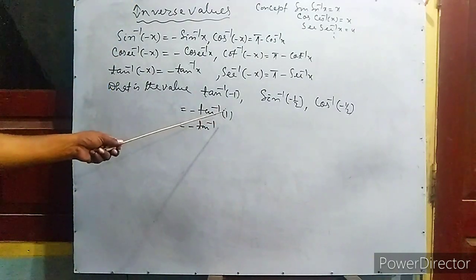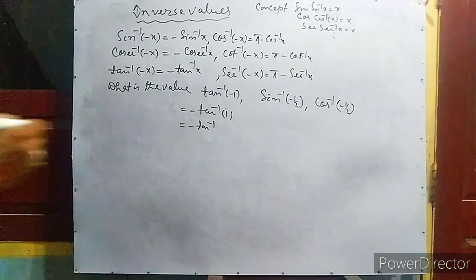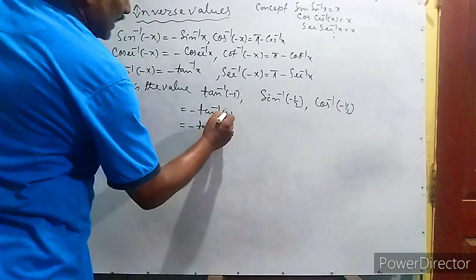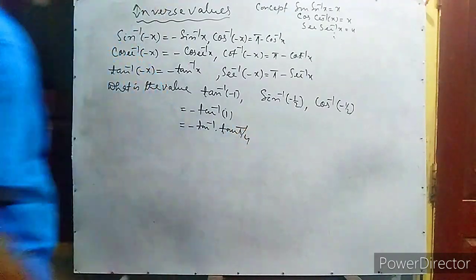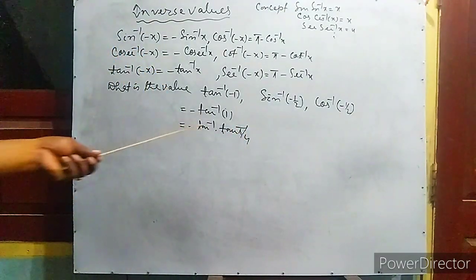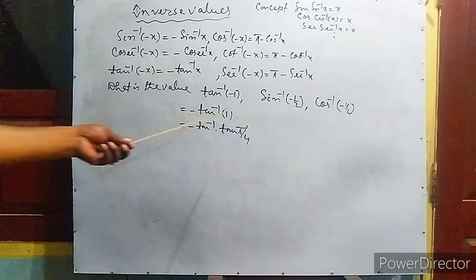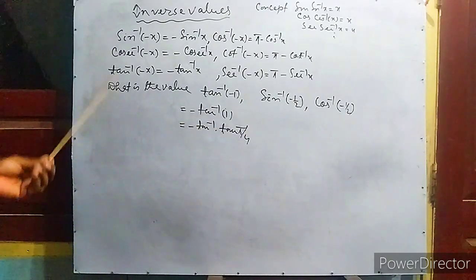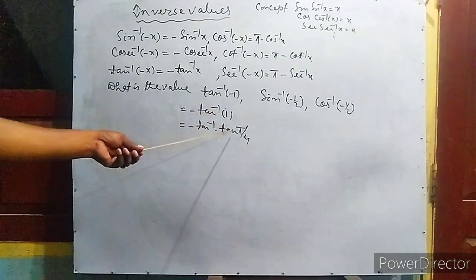So at what angle is tan equal to 1? Tan 45 degrees equals 1. So instead of this one, you write tan 45, and 45 degrees means pi by 4. Always represent angles using pi, which is the radian measure, not ordinary degrees. So it is tan inverse tan pi by 4.